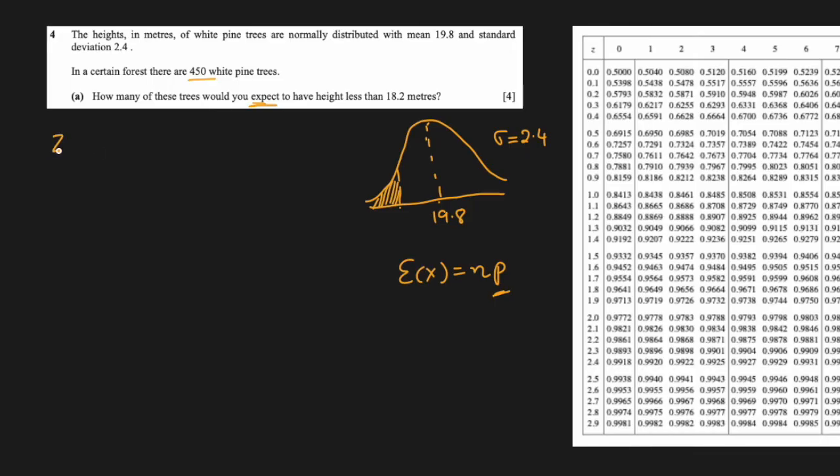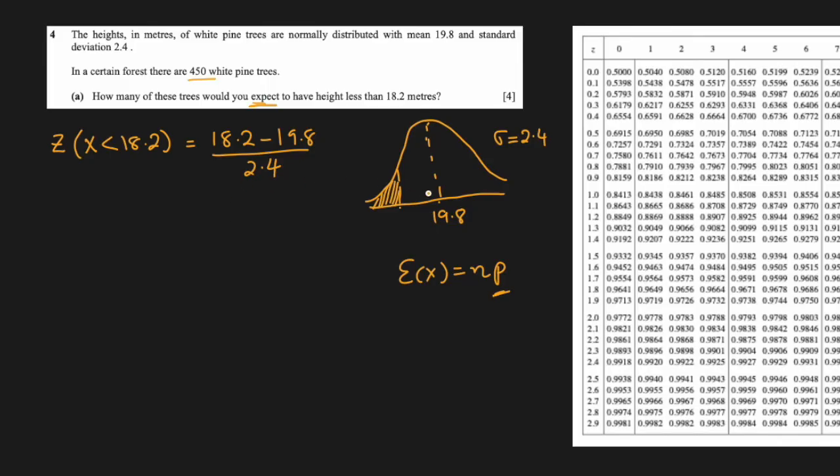And for probability, we have to find z-scores. So the z-score that the height, let's call it x, is less than 18.2 meters. For that, the z-score will be 18.2, whatever is x, minus the mean, which is 19.8, divided by the standard deviation, which is 2.4.